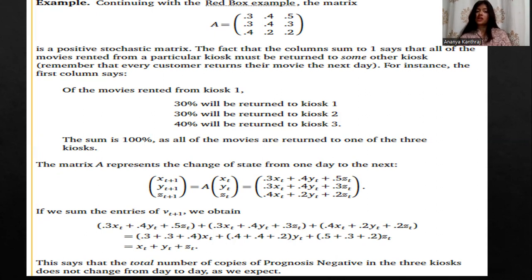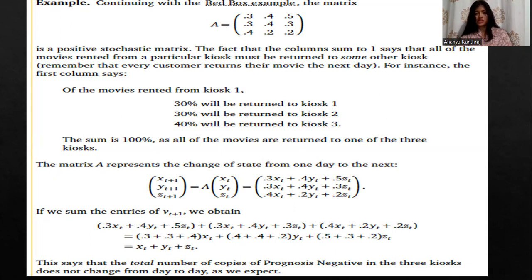The hint is that every customer returns their movie the next day. For instance, the first column says that of the movies rented from kiosk 1, 30% will be returned to kiosk 1, 30% to kiosk 2, and 40% to kiosk 3. The sum is 100% as all the movies are returned to one of the 3 kiosks.